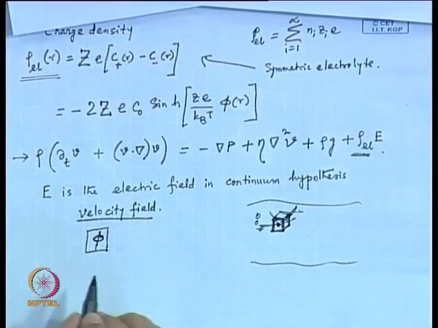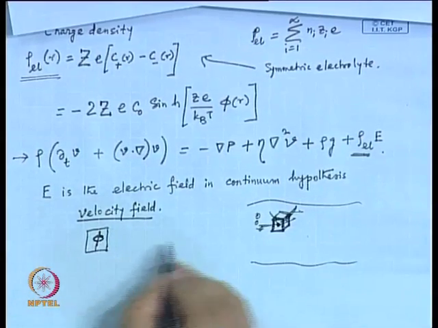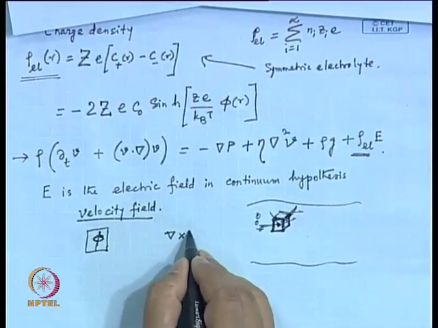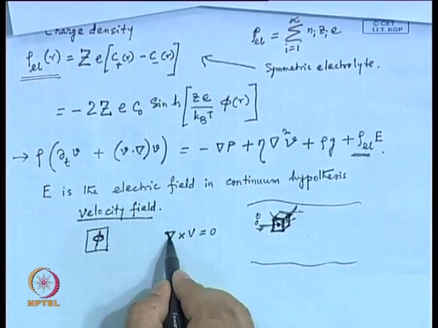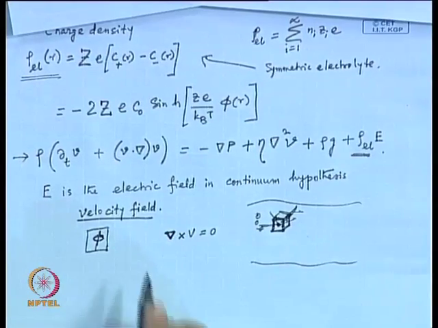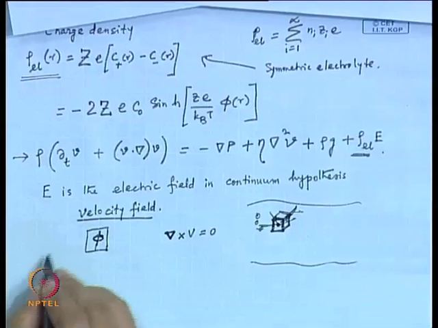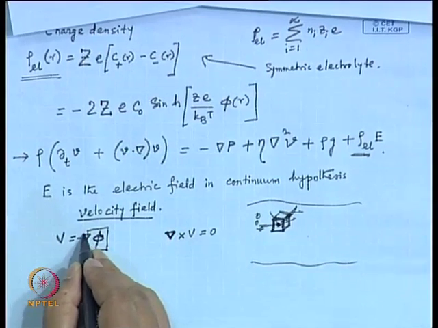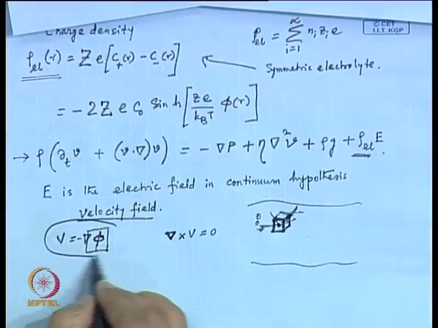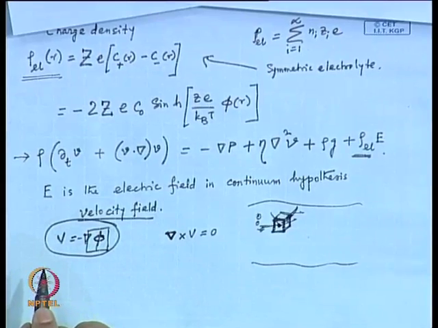Now, this phi exists only when del cross V is equal to 0, where V is the velocity field, and then V is defined as minus del phi. That is how it is defined.